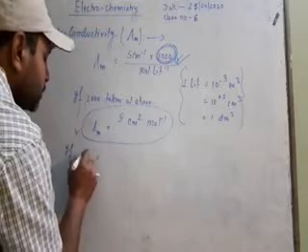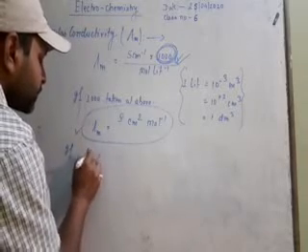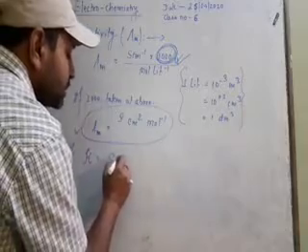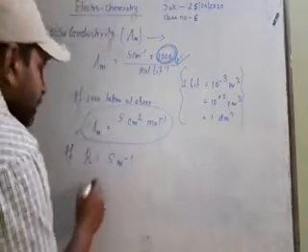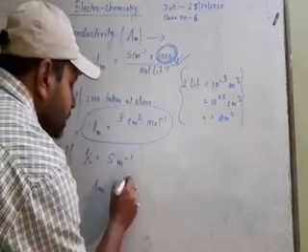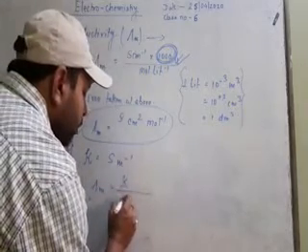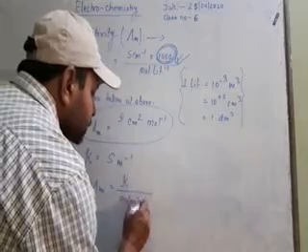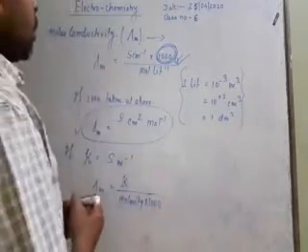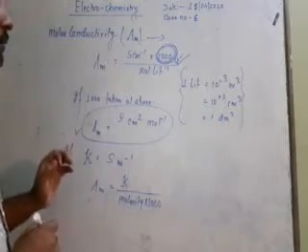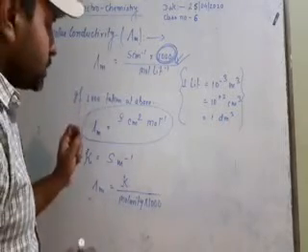If conductivity is taken as Siemens meter inverse, then cap M is written as conductivity by molarity into 1000. So students, to solve the problem, you must watch the unit of conductivity.